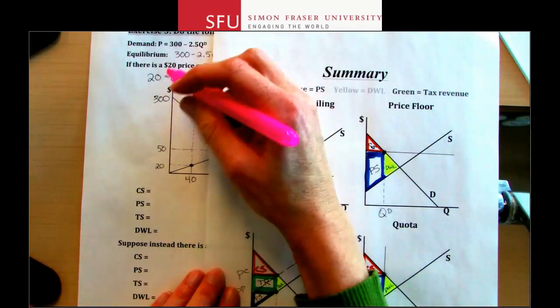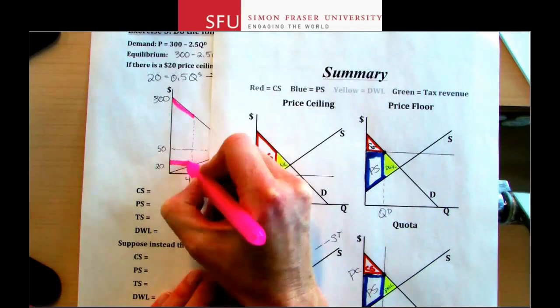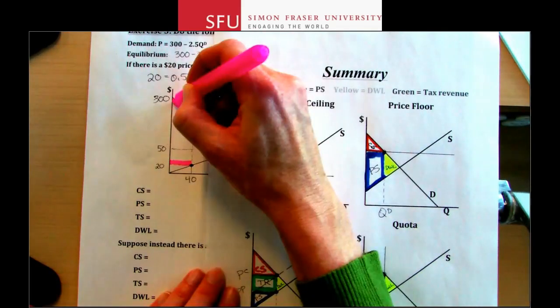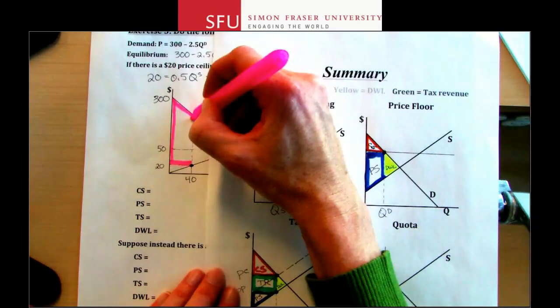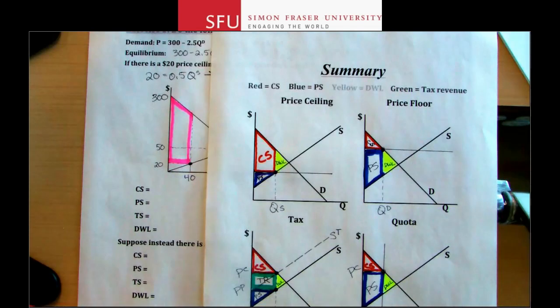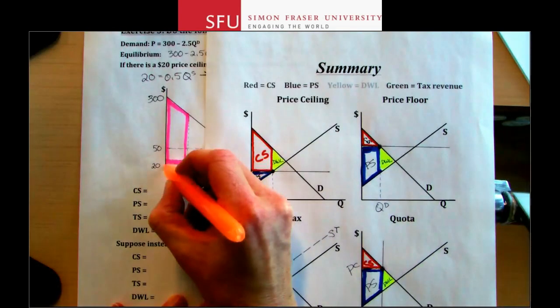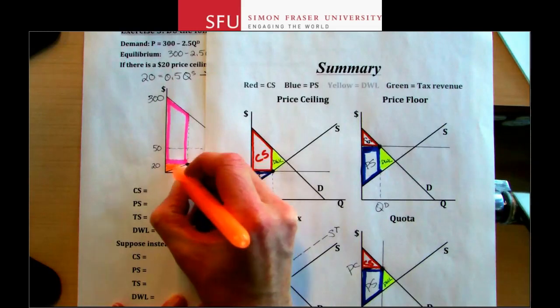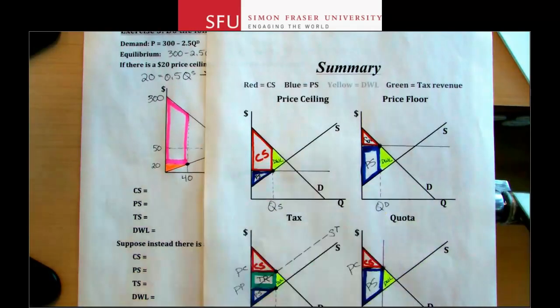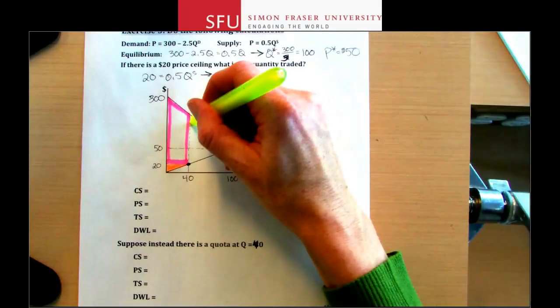Okay, so consumer surplus will be, here's their willingness to pay, they're paying $20. So consumer surplus will be this area. And then the producer surplus will be down here. And then deadweight loss.